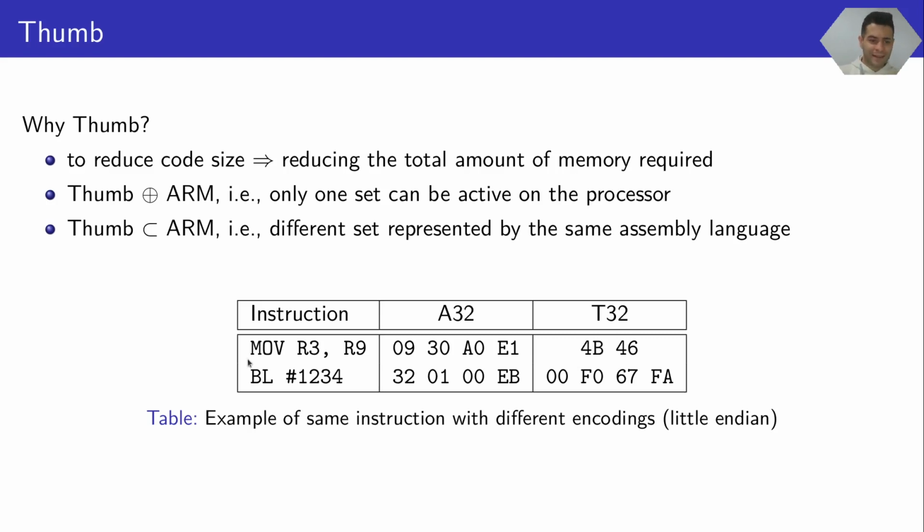On the other hand, the BL, which stands for branch with link to this address, is always encoded using 4 bytes, both in ARM and Thumb, but with a totally different encoding. Always keep in mind that such numbers are expressed or stored in the little endian format.